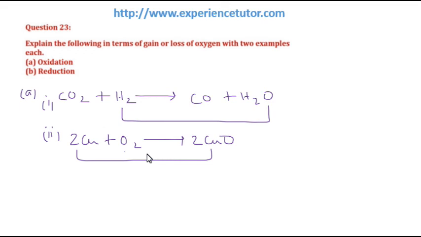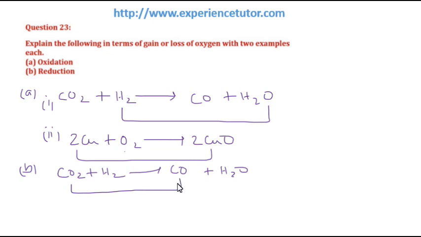Now reduction is the loss of oxygen. So for reduction we can give example like CO2 plus H2 gives CO plus H2O. Here carbon dioxide loses oxygen, so it is an example of reduction.